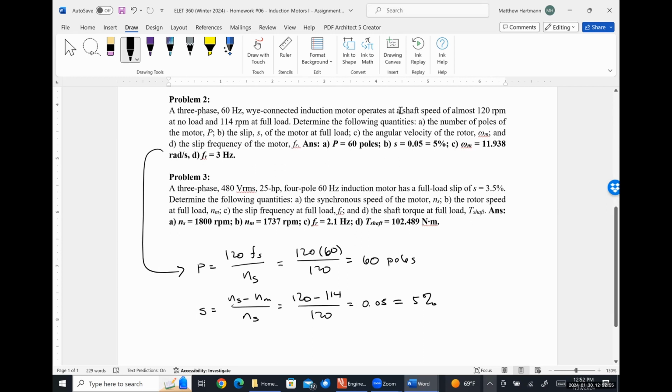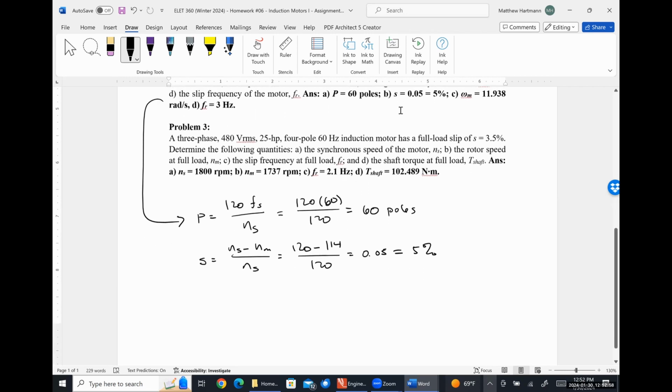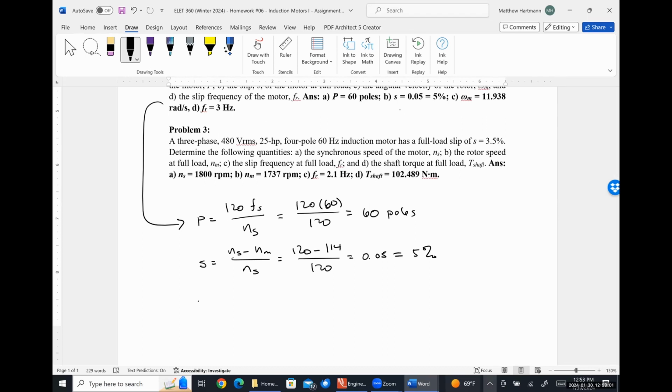Now omega M, the angular velocity of the rotor, in radians per second. That is going to be related to NM, which is in revolutions per minute, right? So let's look at the units here. Rev per minute, and I need to get this into radians per second.